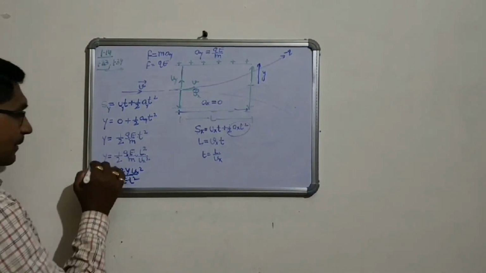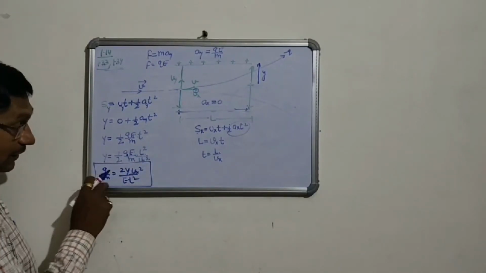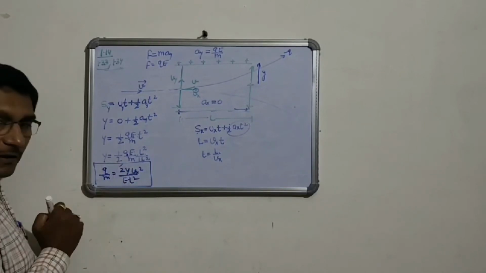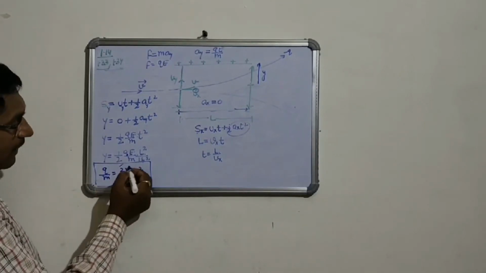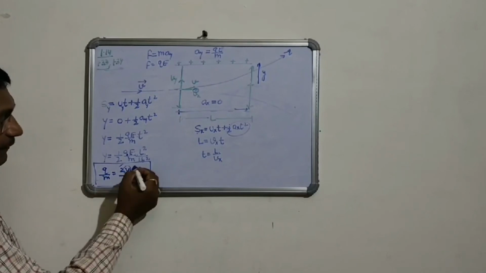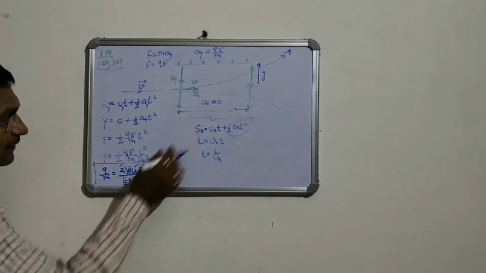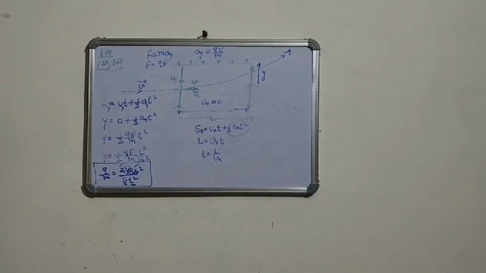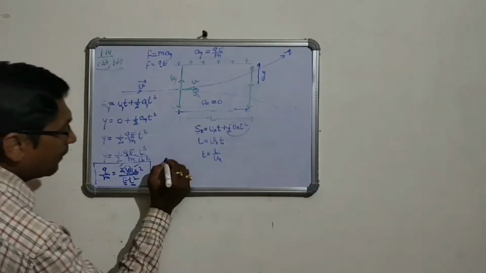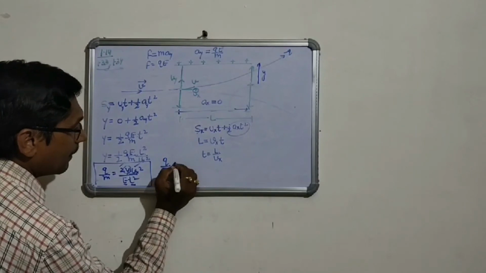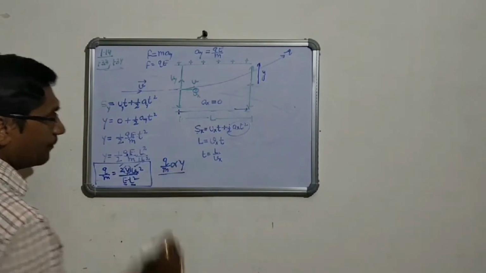Here is the expression of Q by M, look at it carefully. 2 is a constant value. Vx, the horizontal component of velocity, is constant, E, the electric field, is constant, and L, the length of the plate, is constant. So Q by M is directly proportional to y.